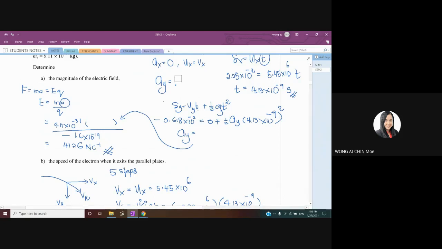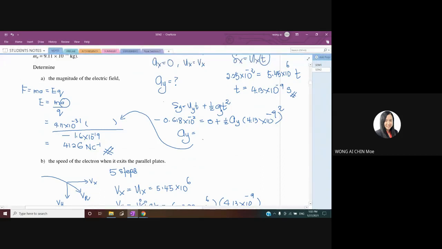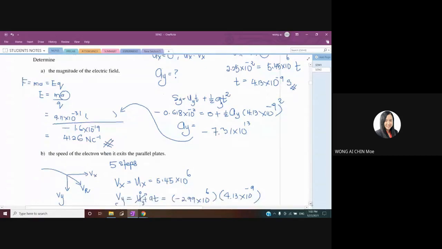Just now a, you should get negative 7.31 times 10 to the power of 13. So you substitute the value inside.